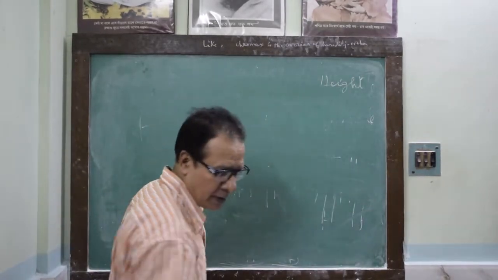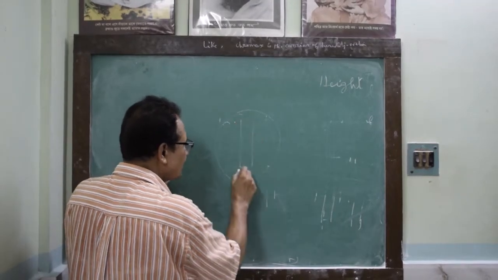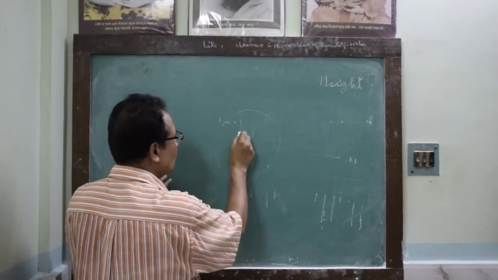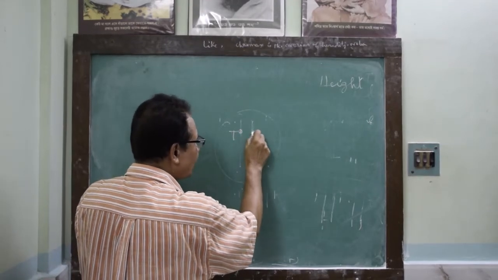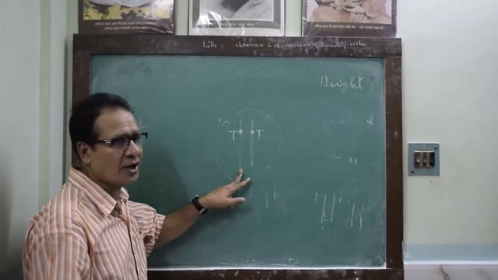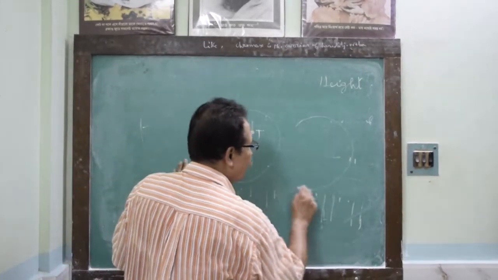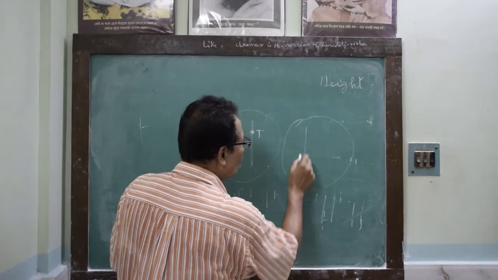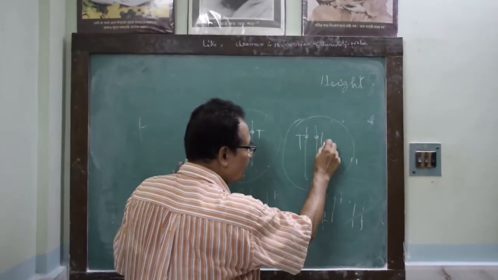Here you see the two homologous chromosomes. Here one character tall, another character tall, it is homozygous, so the plant should be tall. And here one chromosome bears the tall gene and another chromosome bears the dwarf gene.